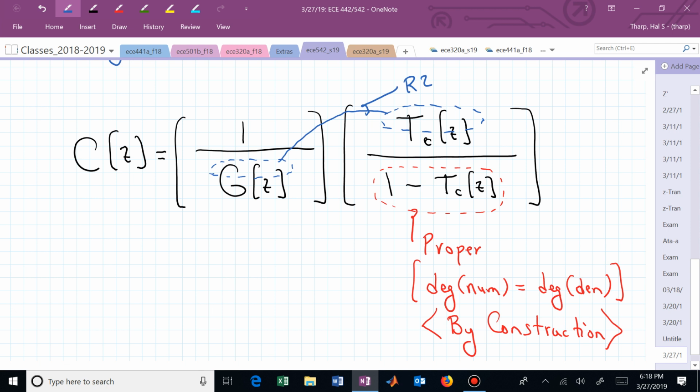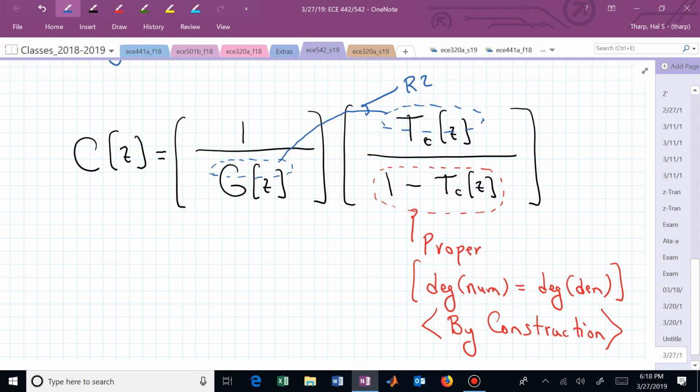That says that I'm going to make sure that my unstable zero factors are not going to be pole factors in C of Z, which they would be if my T sub C of Z didn't have the same unstable zero factors that G of Z has.